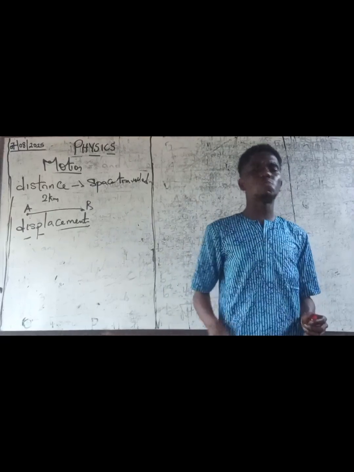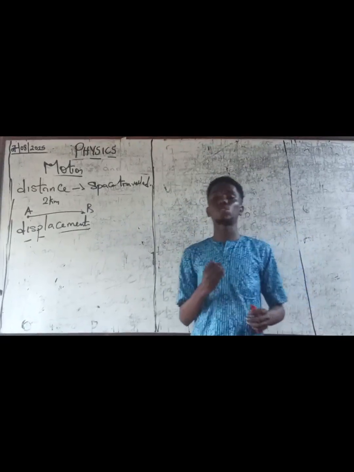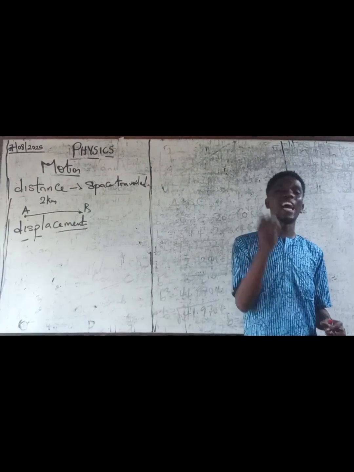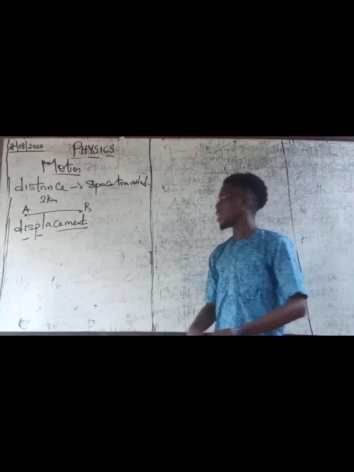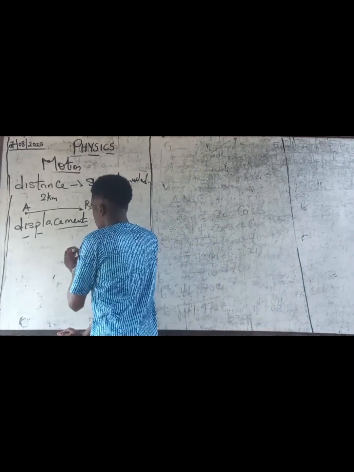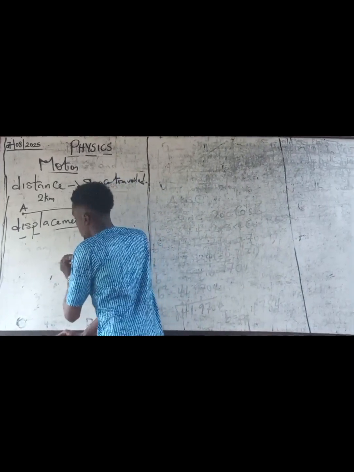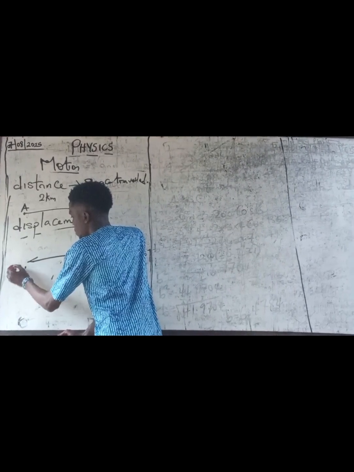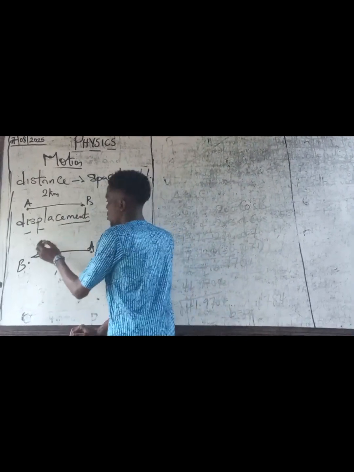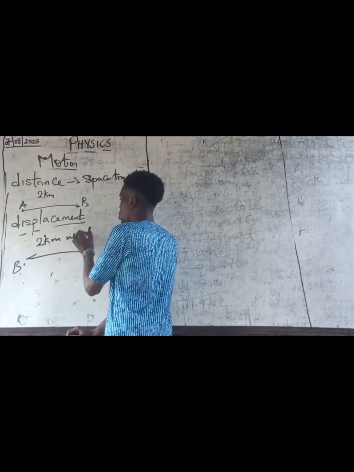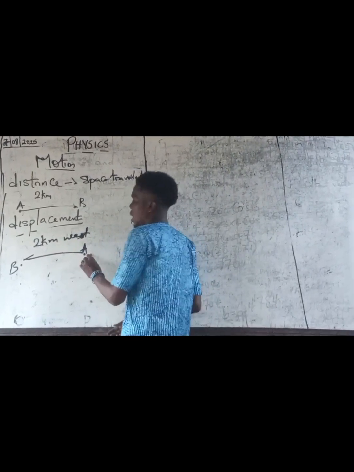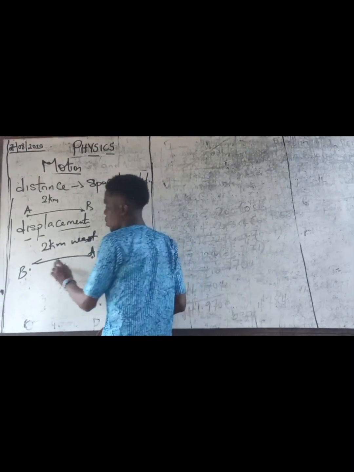But displacement is a vector quantity, and it tells us the direction in which a body is headed. For instance, I can say I traveled from A to B westward. I traveled 2 kilometers west. So if I start from A, this is how the diagram looks.